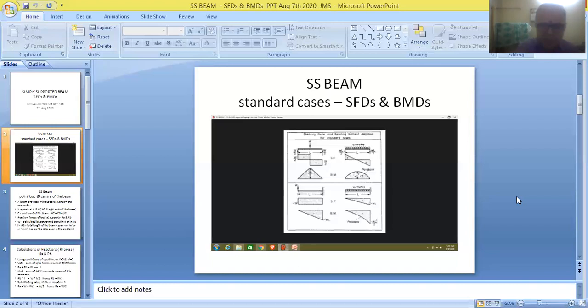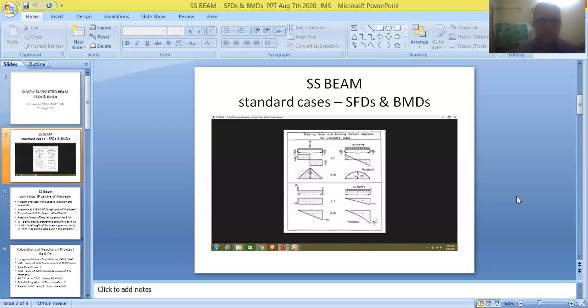Now friends, for both these diagrams, we have a baseline. We can see a baseline. This is the baseline for the shear force diagram and this is the baseline for the bending moment diagram. The positive values must be plotted above the baseline of the diagrams, and negative values must be plotted below the baseline of the diagrams.